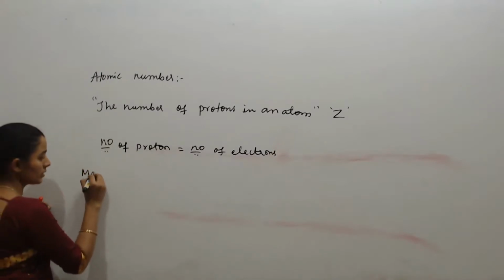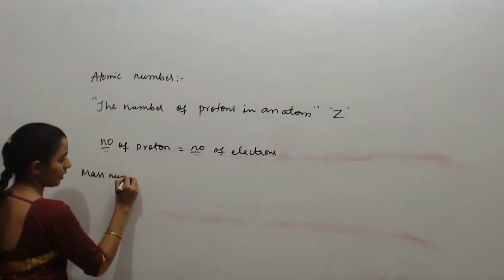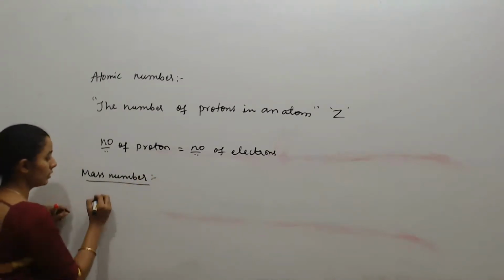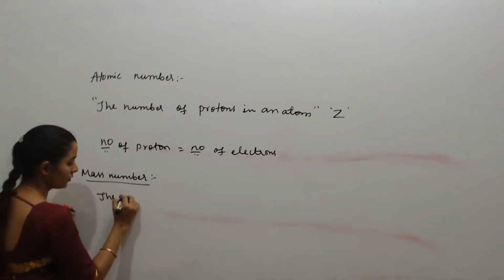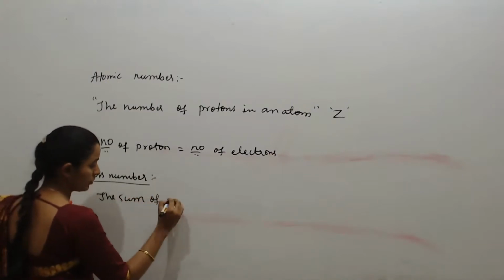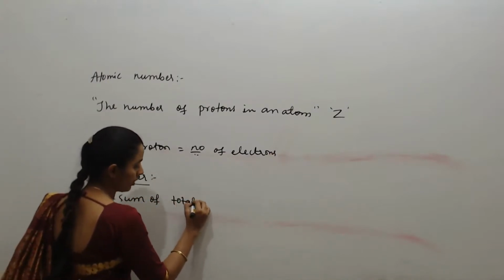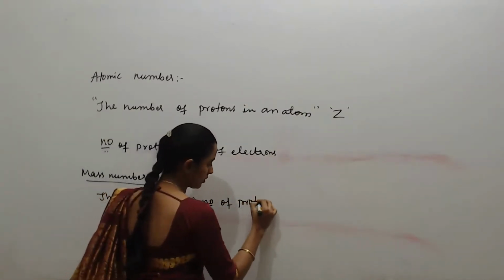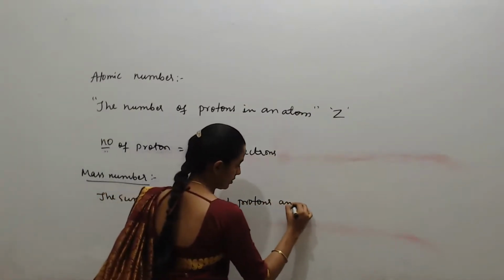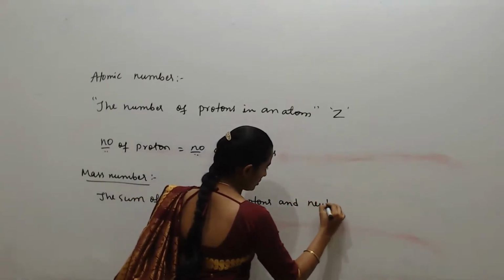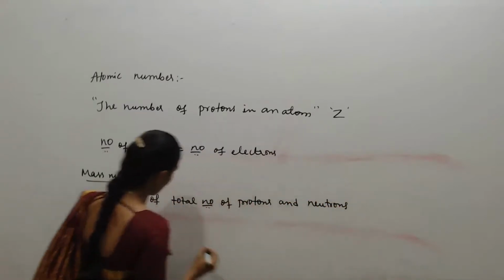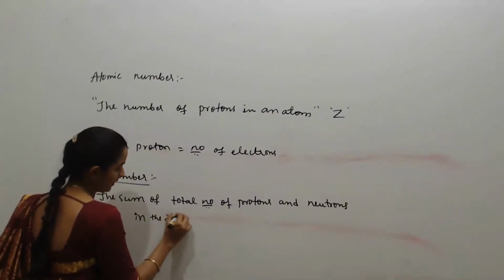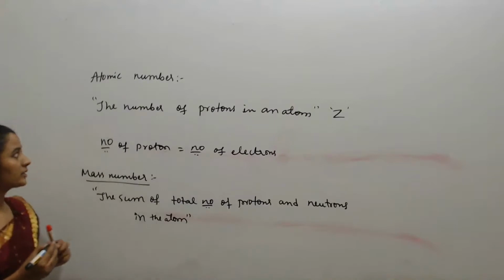The next one is mass number. What is mass number? The sum of the total number of protons and neutrons in the atom is called the mass number.